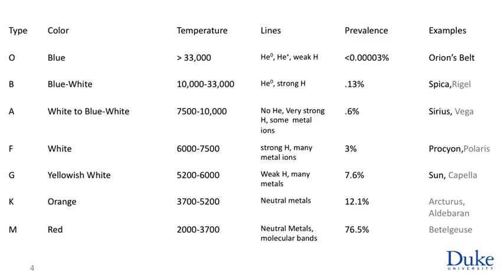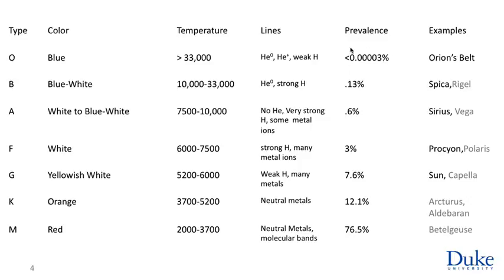Here is the current list of spectral types. They are listed according to color, though color perception of stars is very subjective. Here are the temperatures. Note that the temperatures at stellar surfaces range from as hot as 50 or 60,000 Kelvin in hot O-type stars to 2,000 or 3,000 Kelvin on the very cool dark red M-type stars. And here is a description of the spectral features that characterize them.